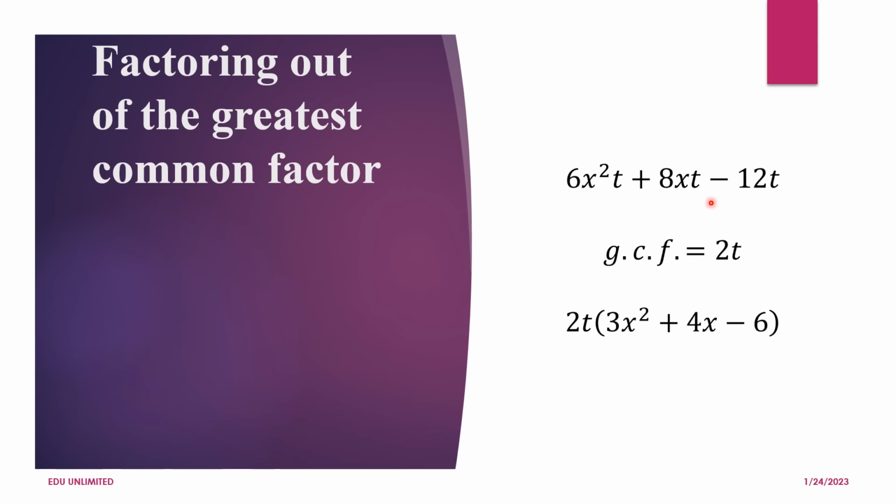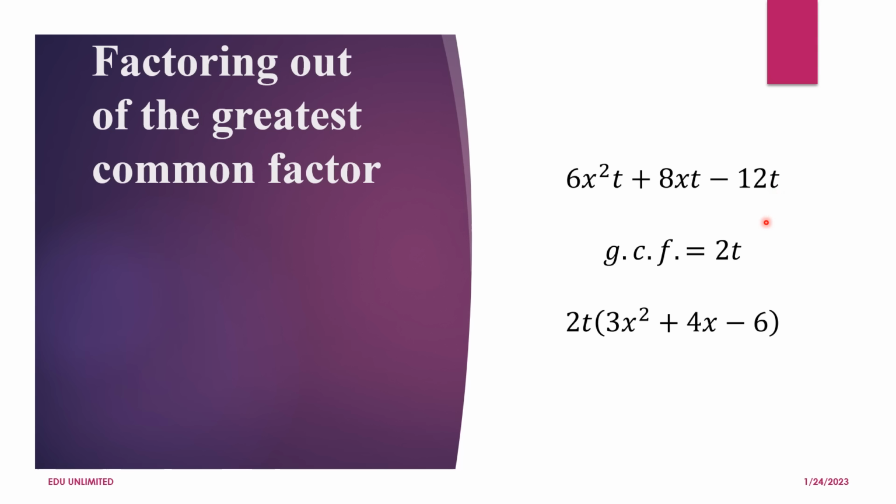While 6t could be a factor for 6t and 12t, it could not be a factor for 8t. So the greatest common factor here is 2t. The key is to find a term that all three can be divided by.